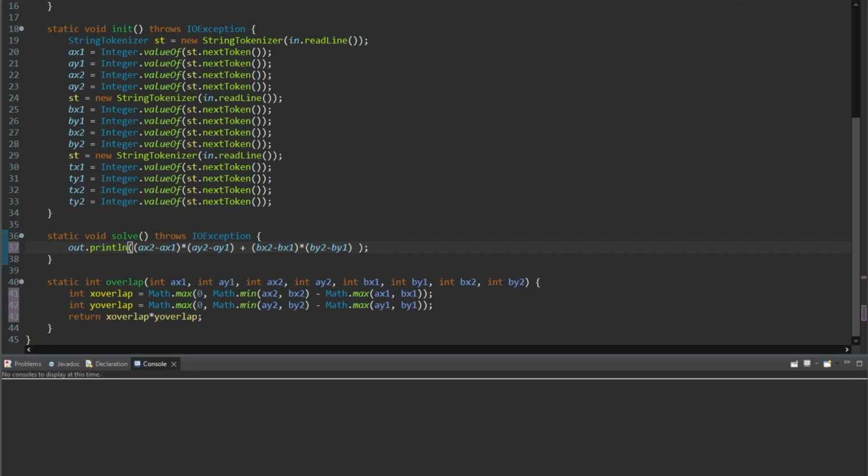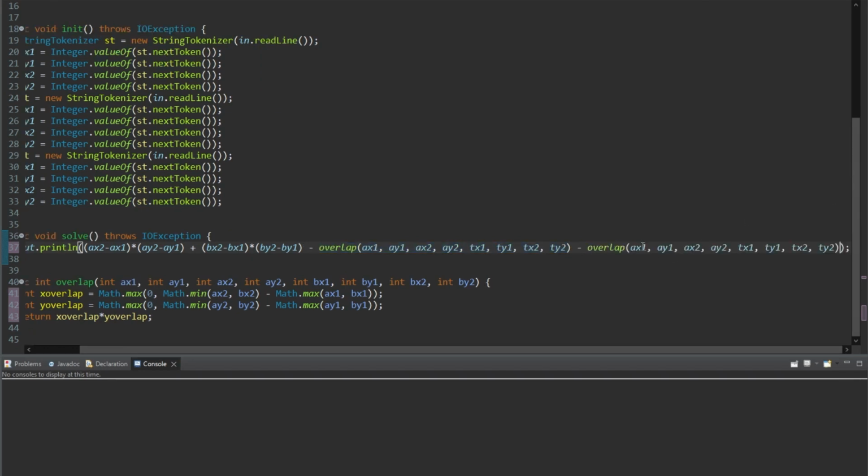And then we subtract the overlaps. So minus overlap, and we first need to find the overlap between billboard A and the truck. So it's going to be ax1, ay1, ax2, ay2, and then we give the truck: tx1, ty1, tx2, ty2. And so that's going to find us the overlap between billboard A and the truck.